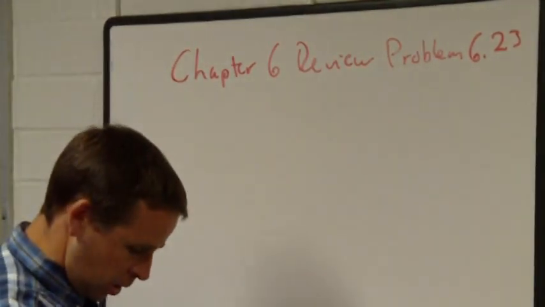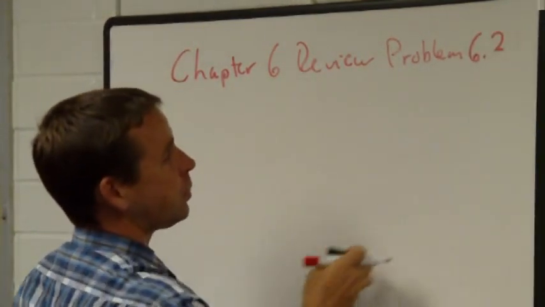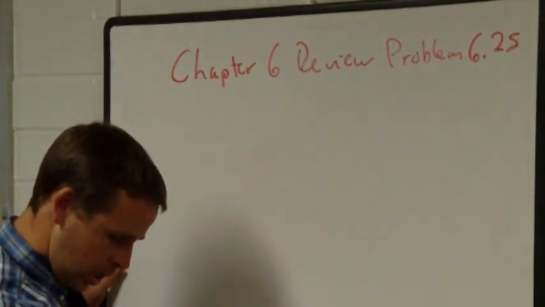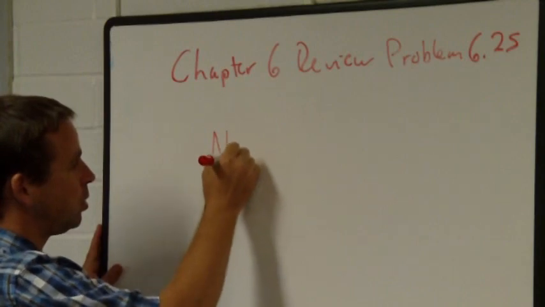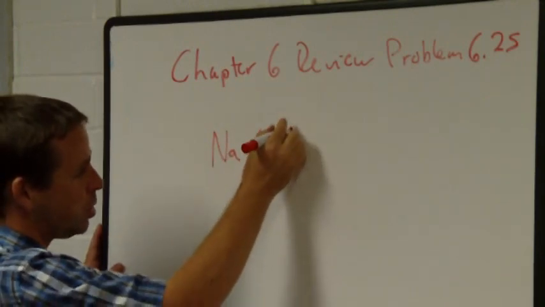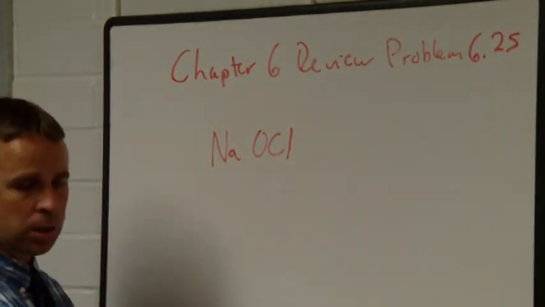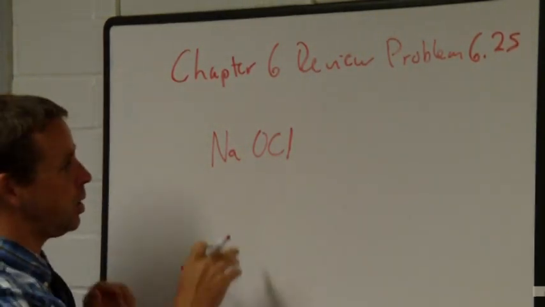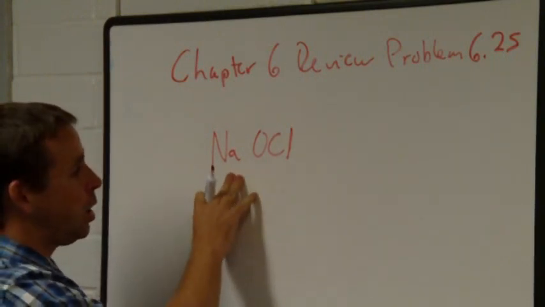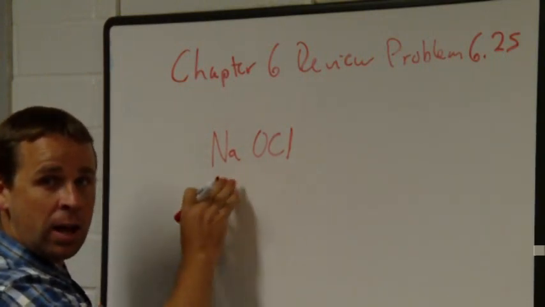625. Assign the oxidation numbers for each of the following: NaOCl, sodium hypochlorite. This is an ionic compound.